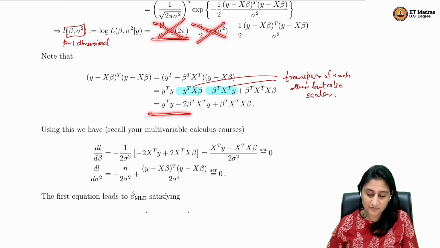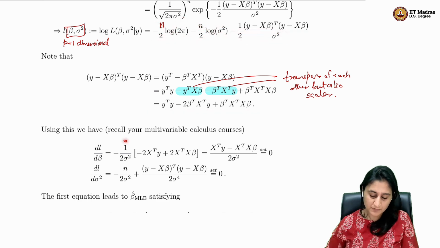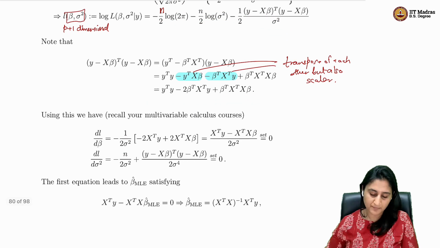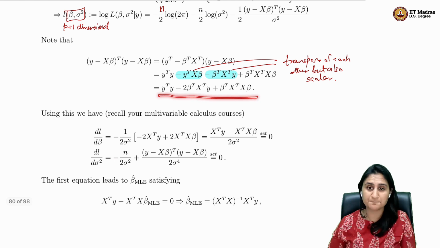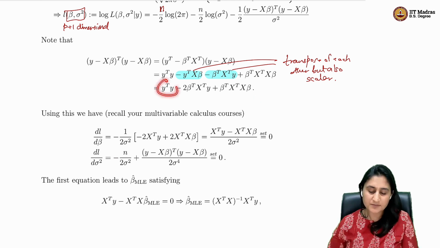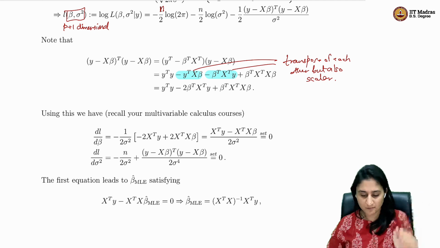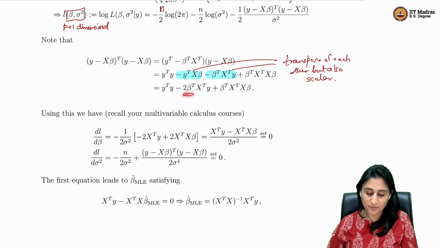So I just need to take a derivative of this term and just make sure I divide by 2 sigma squared. So I just put the minus 2 sigma squared outside and now start to take derivatives here. Now this first term doesn't depend on beta, so that's 0. Now this term has a beta over here. It starts with beta transpose. So this part just goes away and I just get 2x transpose y.